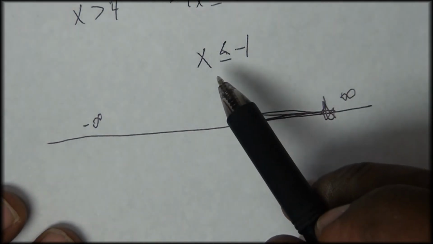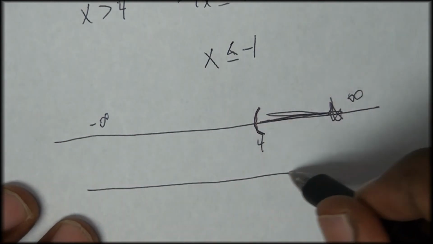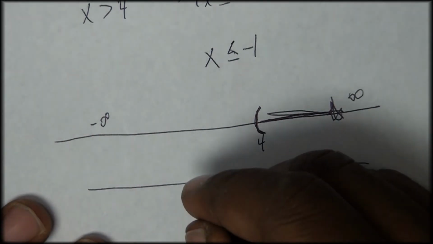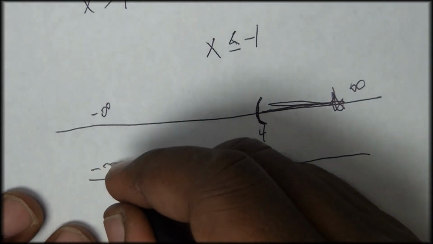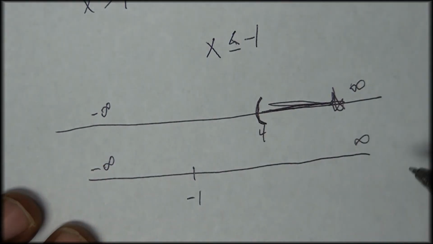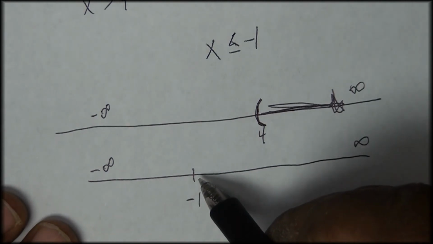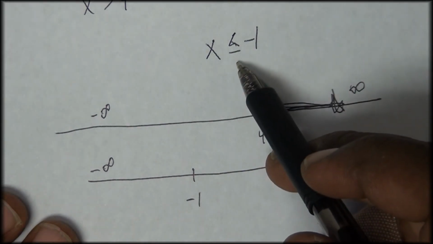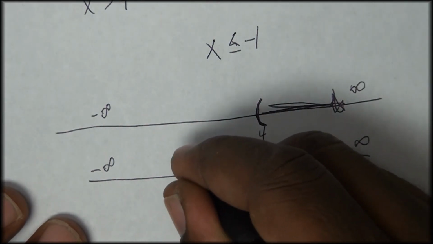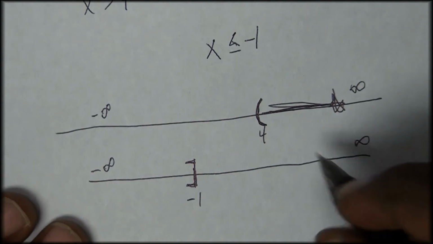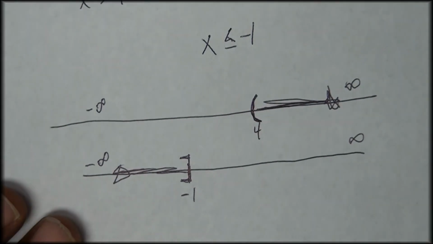Our second inequality, x is less than or equal to negative 1. So we draw a graph, we'll center it at about negative 1. Negative infinity to the left, positive infinity to the right on a graph. At negative 1, our symbol is a bracket and it should face the left. Our line should also extend toward the left.